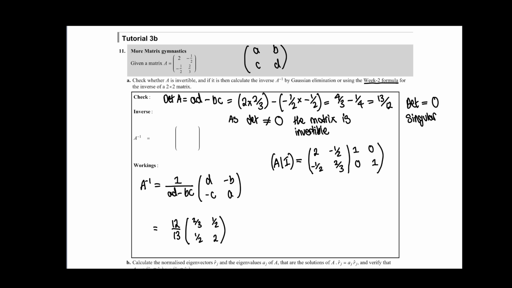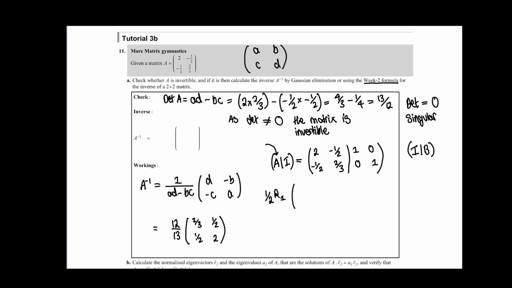What we must now do is make A into the identity matrix. So we want a matrix of the form I B, where B is going to be the inverse matrix. In order to do this, we can start off by making this 2 into a leading 1. To do that, we must do half of row 1.